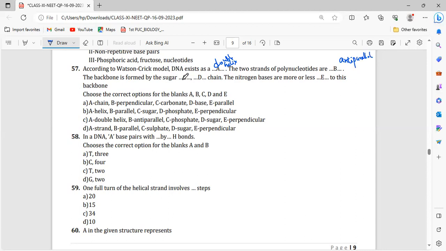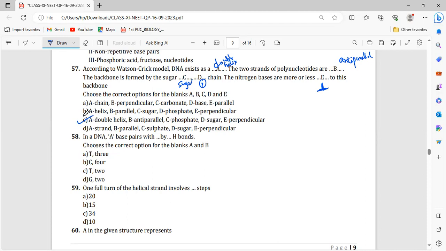The backbone is made up of sugar, so C should be sugar, they have already mentioned, and D should be phosphate chain. The nitrogenous bases are more or less dash to the backbone. They are perpendicular to the backbone. So if this is a backbone, the bases will be perpendicular like this. So the answer is C.